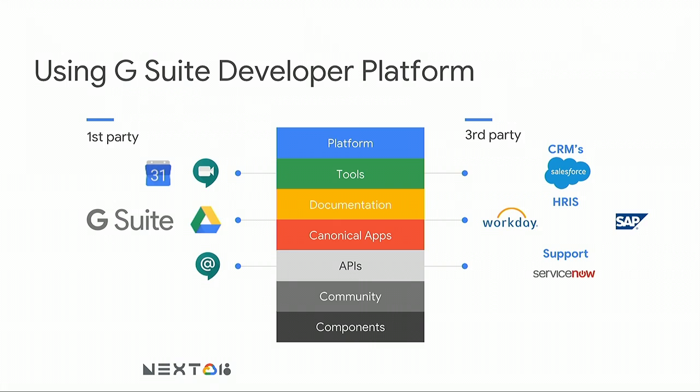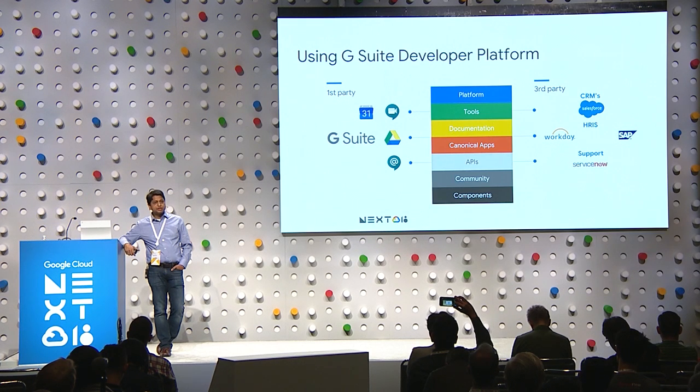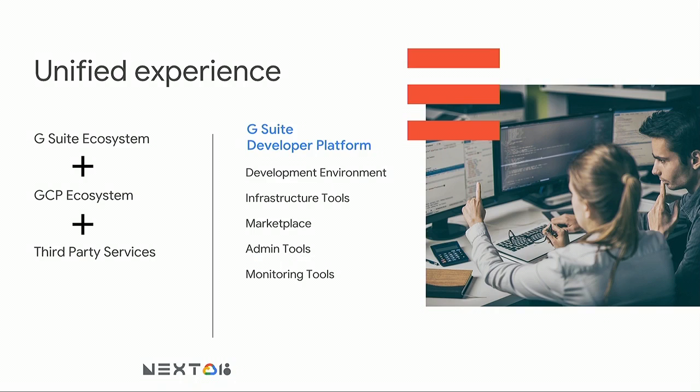But essentially, you can use the platform to orchestrate between the first party, which is the Google services and applications, and third parties. We'll offer this in an integrated fashion, so it will be a unified experience, looking like it is coming from the same company or provider instead of looking very disparate.